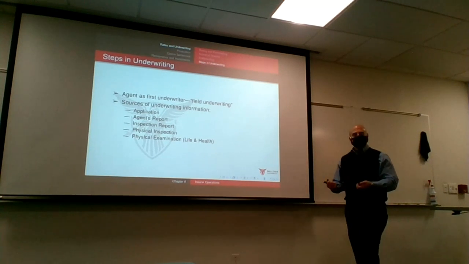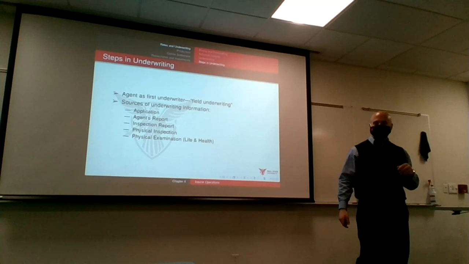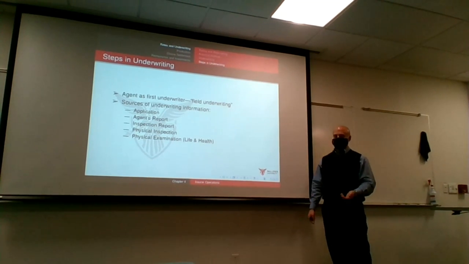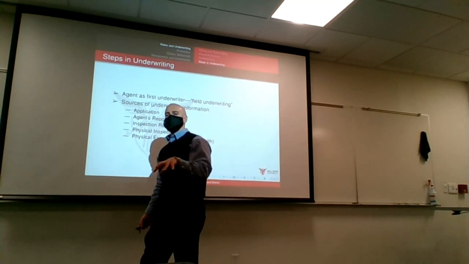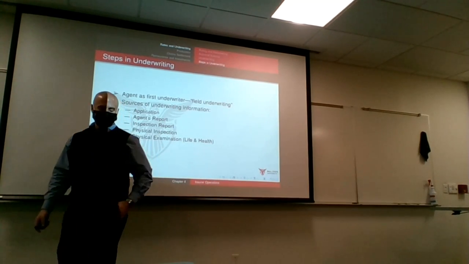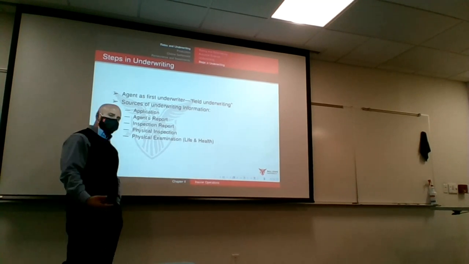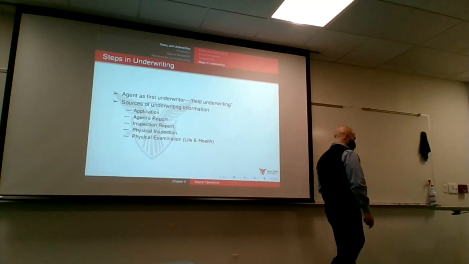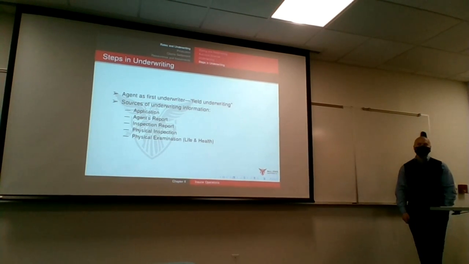Now, what are the steps? Now, in most ways, the agent is kind of the first or field underwriter. Could be a straightforward kind of application process. Wouldn't be many site visits, depending on the agent. So that's kind of the first line of defense. Now, where can we gather some of this underwriting information? So this relevant fact finding is what we'd like to do.